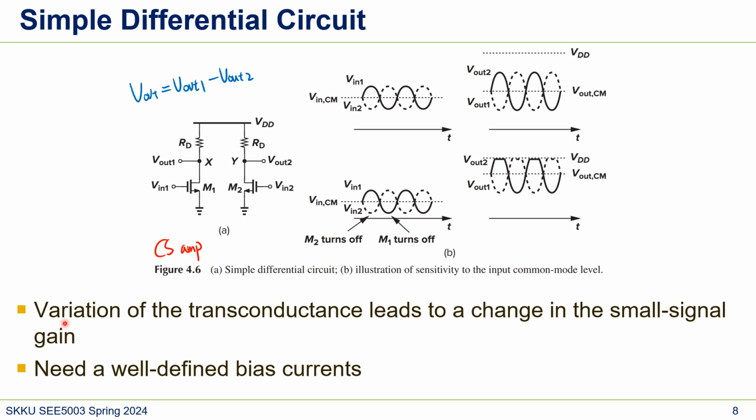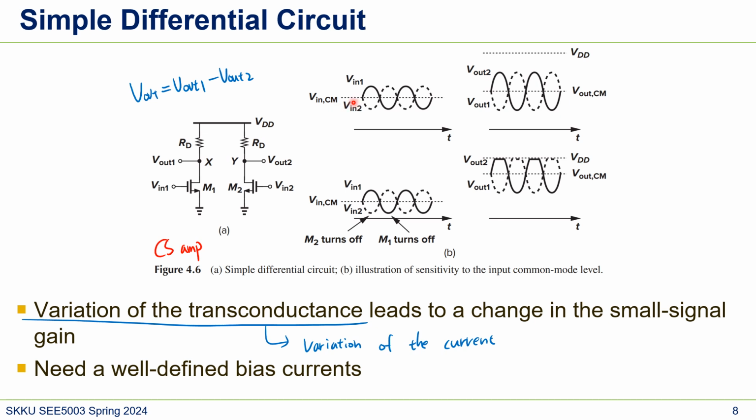The problem is that the variation of the transconductance leads to a change in the small signal gain. It means that the variation of the small-signal transconductance is like a variation of the current. So let's see this graph, this waveform.